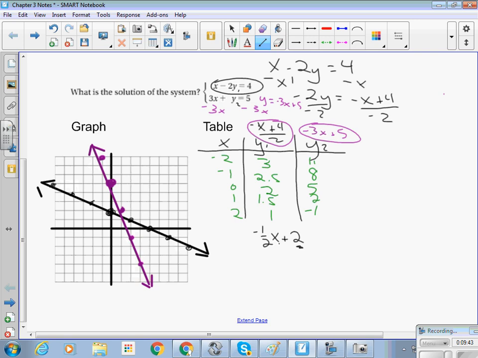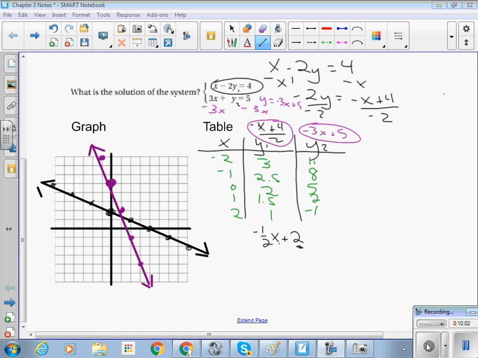Okay, so when we graph this, we see that our two lines intersect between 1 and 2 and actually closer to 1. The downside to using a table or using a graph is sometimes you won't get an accurate output.